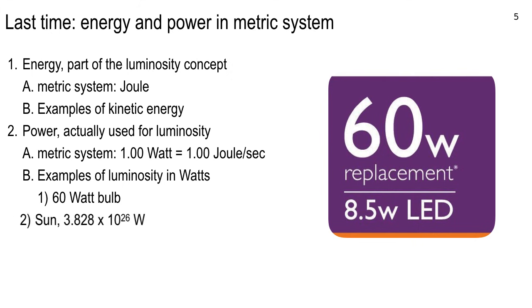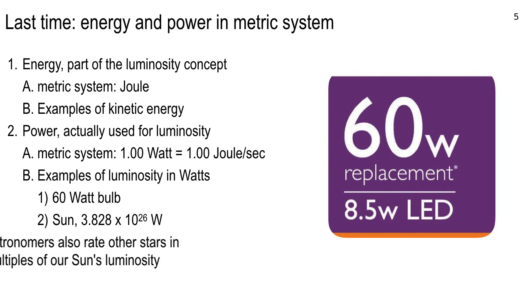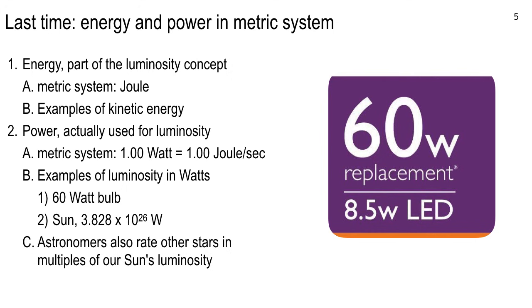And so the sun, we've already looked at this rating, 3.828 times 10 to the 26 watts. Another unit that astronomers use is simply to say, all right, if they're looking at some other stars, how many times the luminosity of the sun does it have? So for instance, Sirius has a luminosity of about 25.4 solar luminosities.